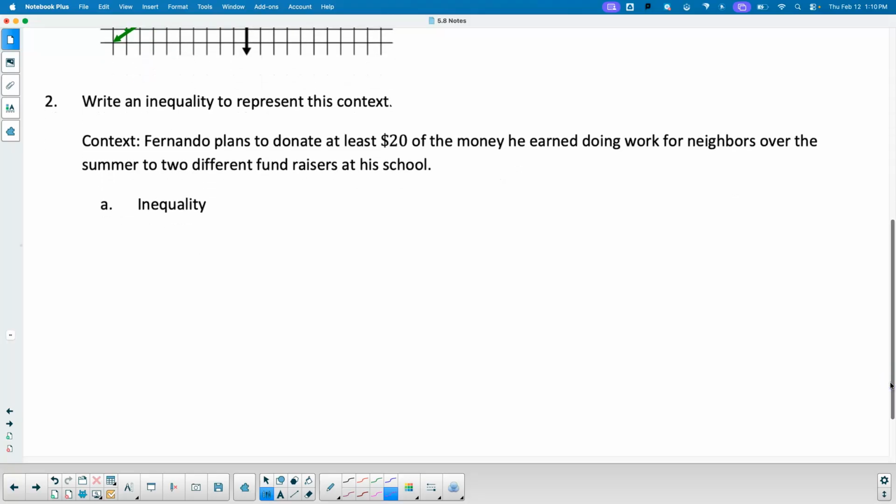Write an inequality to represent this context. Fernando plans to donate at least $20 of the money he earned doing work for the neighbors over the summer to 2 different fundraisers at school. Okay. So, X and Y. And then Y would be money to the second fundraiser.